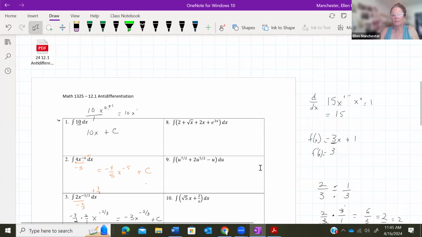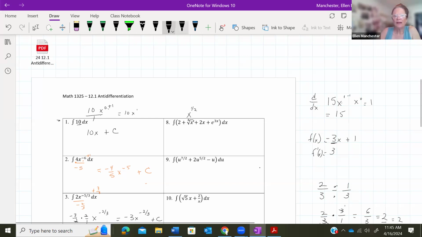All right. So now we have a radical and we have e raised to a function. Okay, so the first thing I'm going to do is always change that radical to a fractional exponent. Okay, so again, the exponent is my numerator. If there's no index, it's always 2 because it's the square root. And that's your denominator.